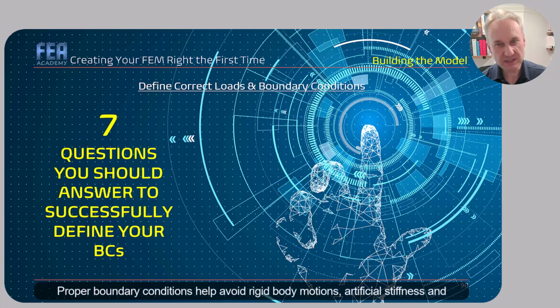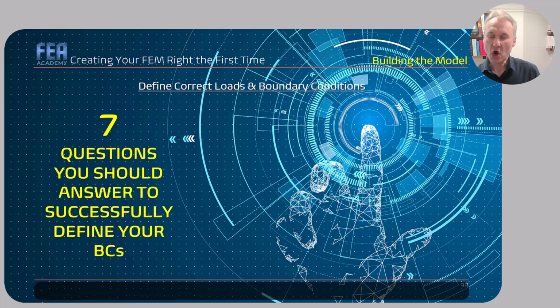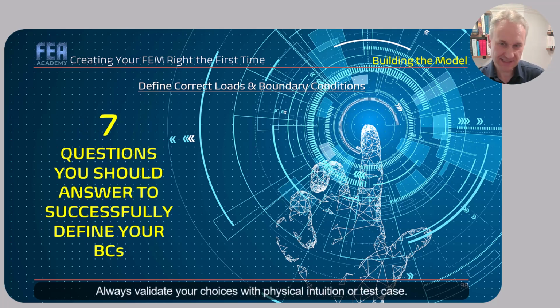Proper boundary conditions help avoid rigid body motions, artificial stiffness, and incorrect stress distributions, which are common mistakes in structural analysis. Always validate your choices with physical intuition or test cases.